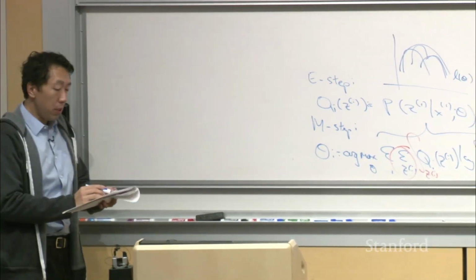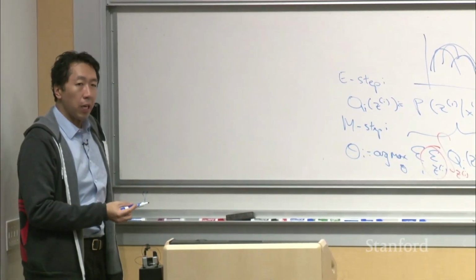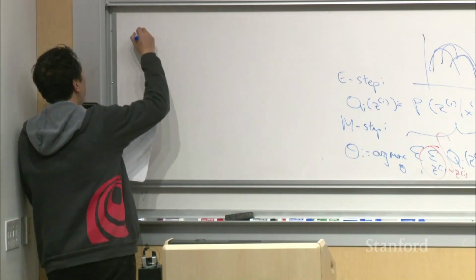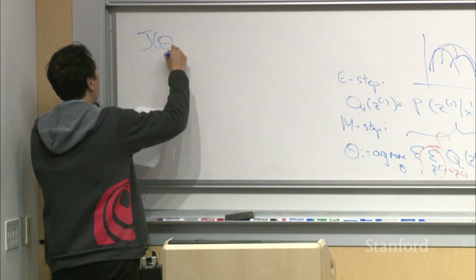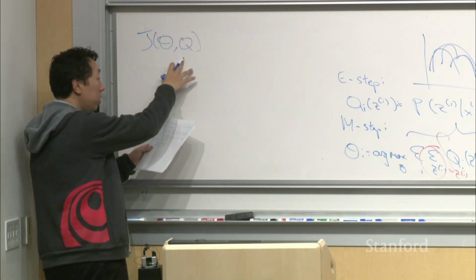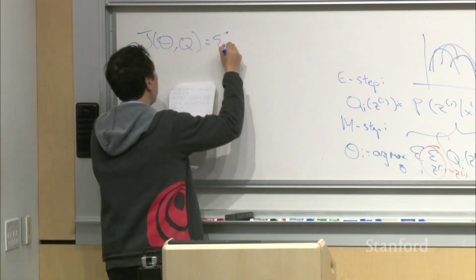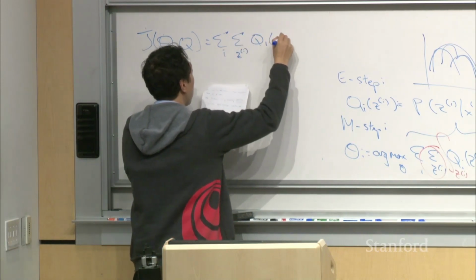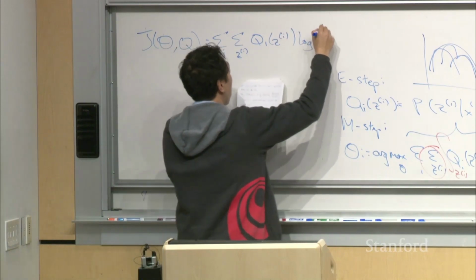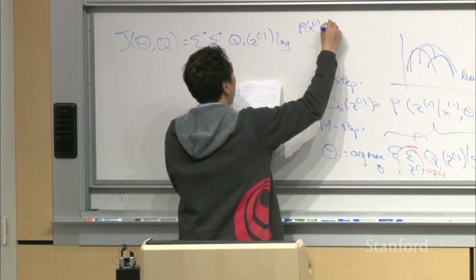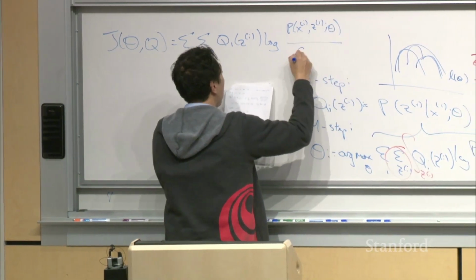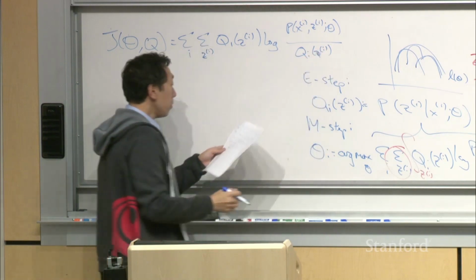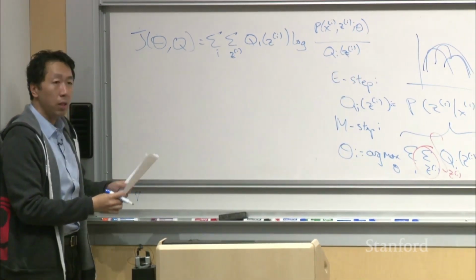So I want to mention one other view of EM that's equivalent to everything we've seen up until now, which is, let me define J of theta comma Q as this. Okay, so that's a formula you've seen a few times now.